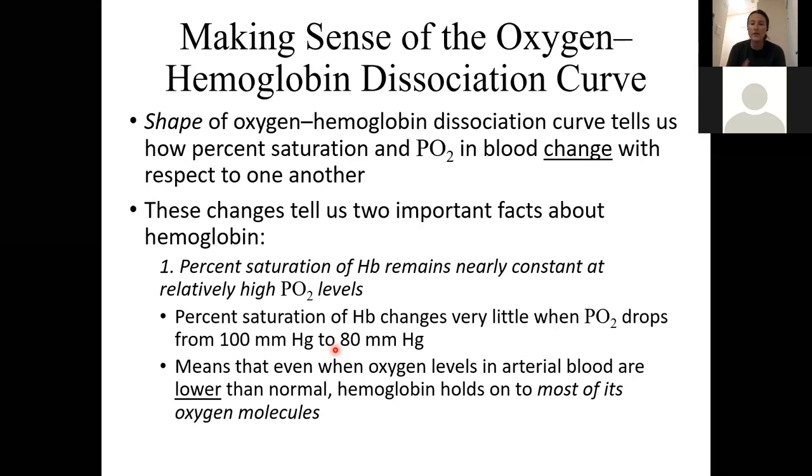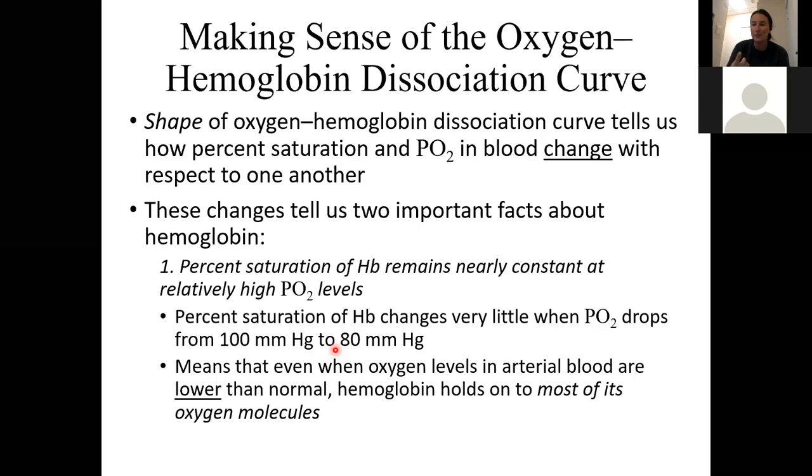Okay. Also, if you have some kind of pathology in your lungs, or you are hypoventilating, you're not actually getting enough oxygen into your lungs for whatever reason, it's okay. The oxygen saturation levels in your blood are still going to be just as high, right?